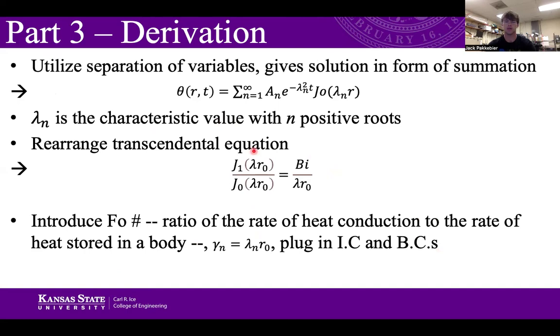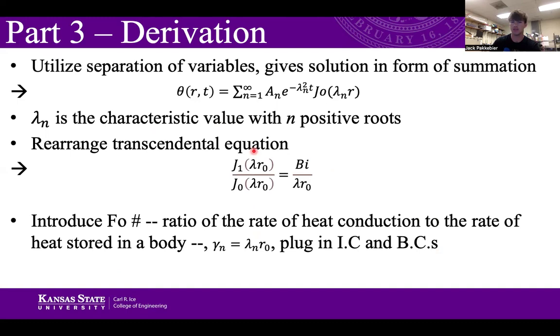Continuing the derivation, we'll utilize the separation of variables, and this will give us a solution in the form of a summation, as shown here. This summation will come up again because we'll be using an approximation to make it much easier. Lambda sub n is the characteristic value with n positive roots.